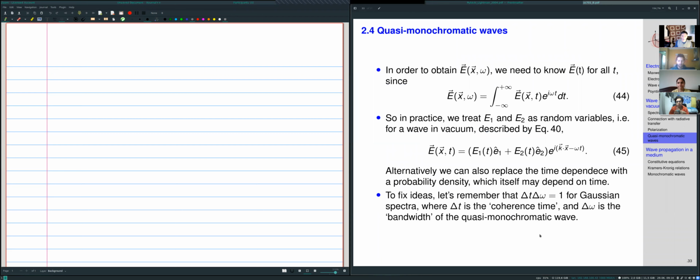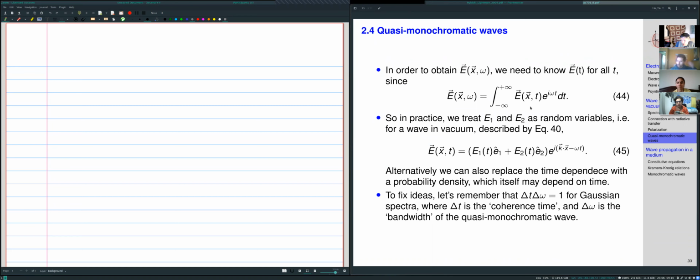Now, last time we introduced this idea of a quasi-monochromatic wave. So the waves are signals which depend on time and position. This is a signal, and the spectrum, of course, needs to be calculated or extracted over the whole history, past and future of the signal.